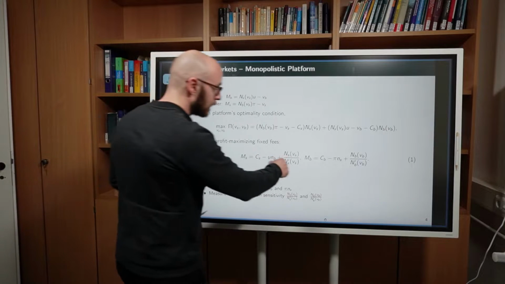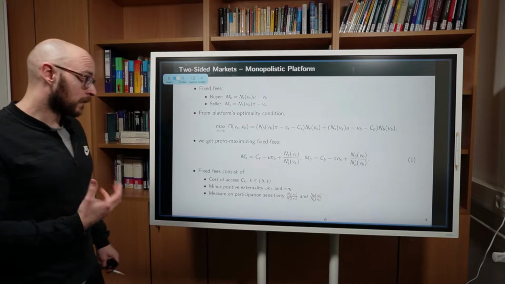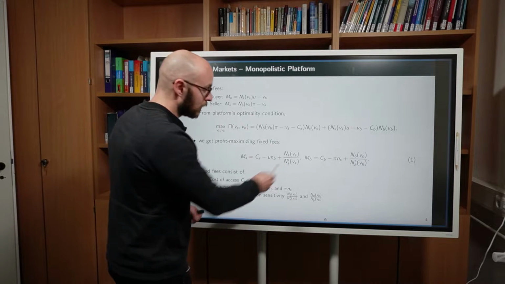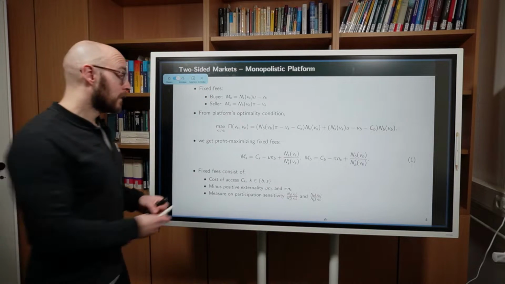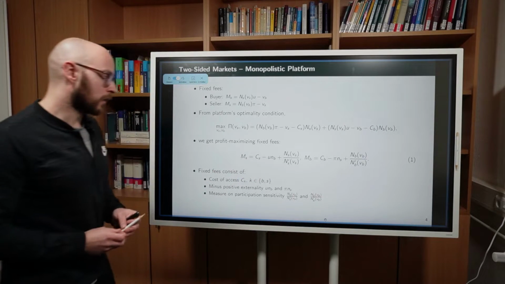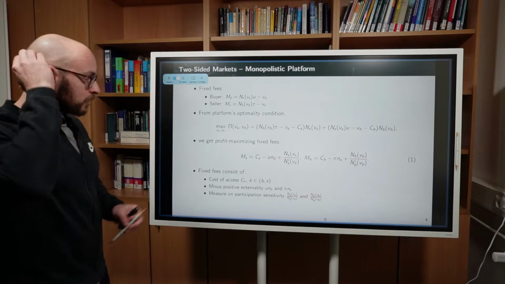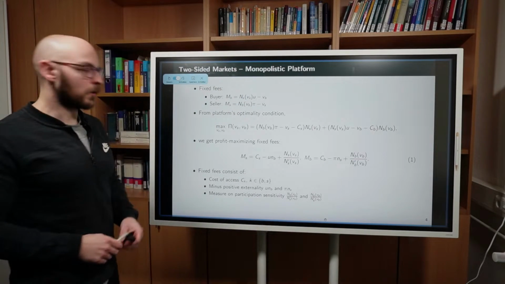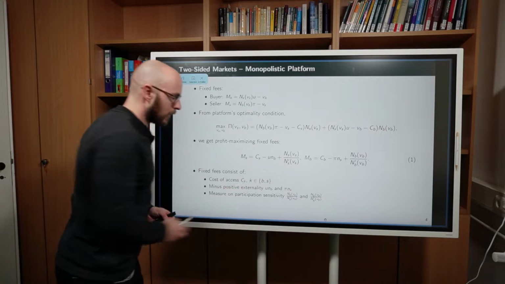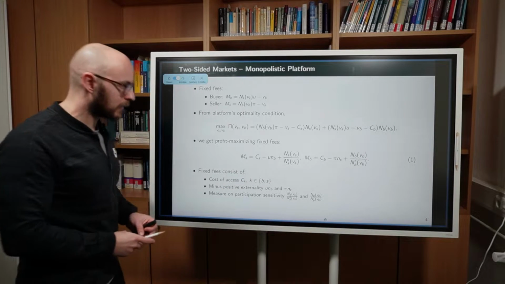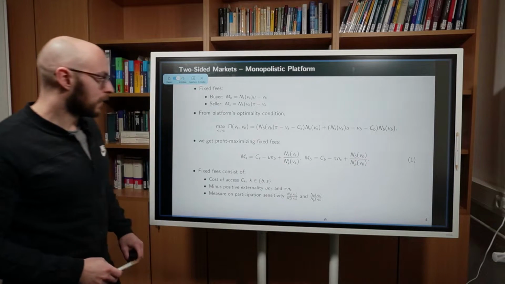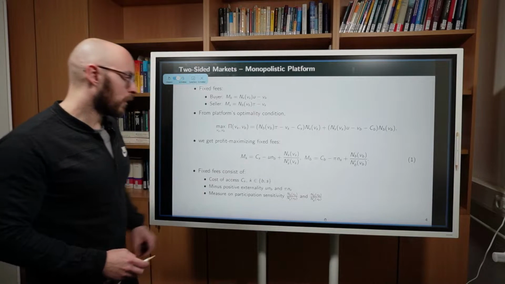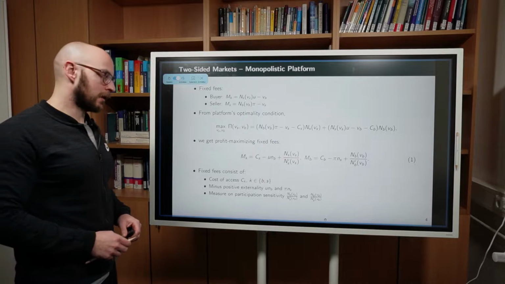However, it is deflated by how much the number of buyers changes, because if this one is large, so if the buyers are quite sensitive, then this decreases again your fixed fee for the buyers. And the same applies also to the sellers: if the number of buyers changes quite drastically, so if this term is large, then this will basically lead to a smaller fixed fee that you charge the sellers.